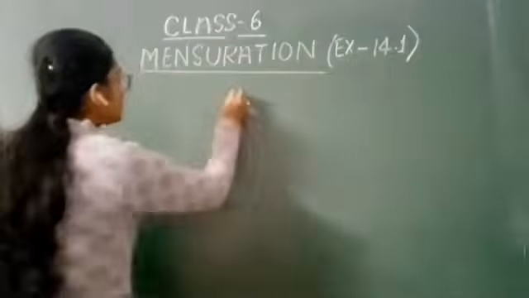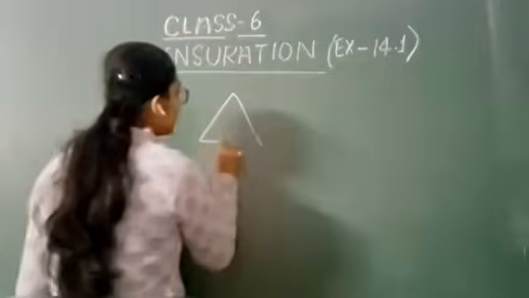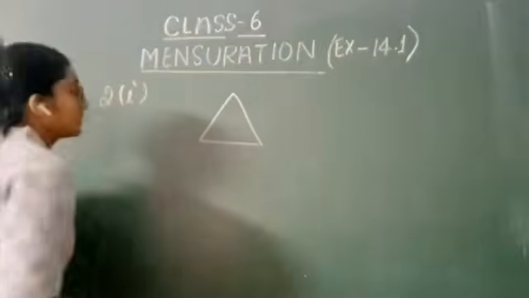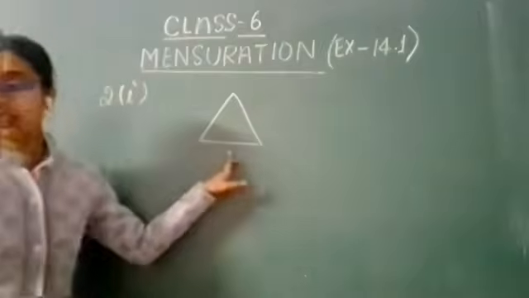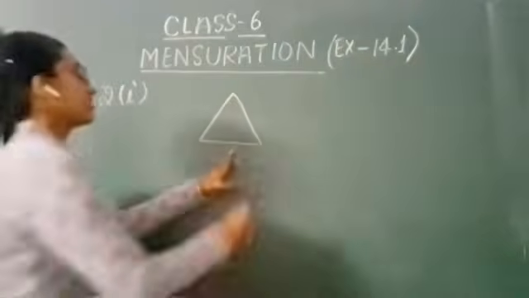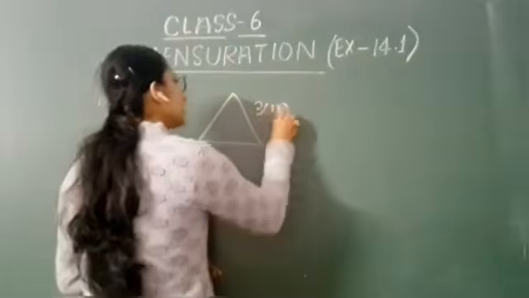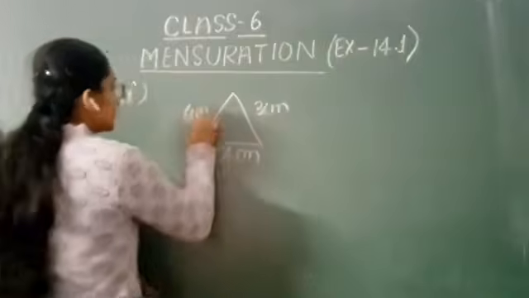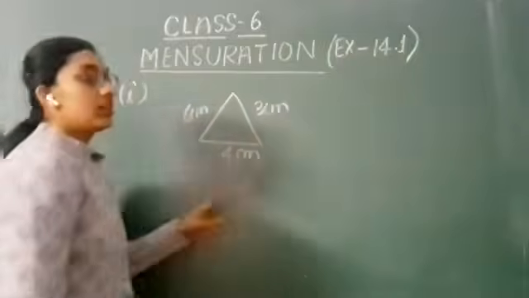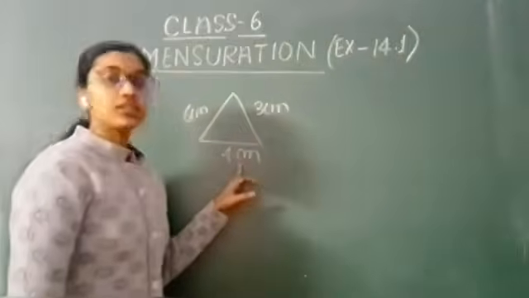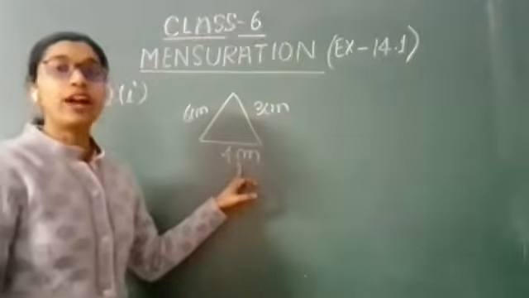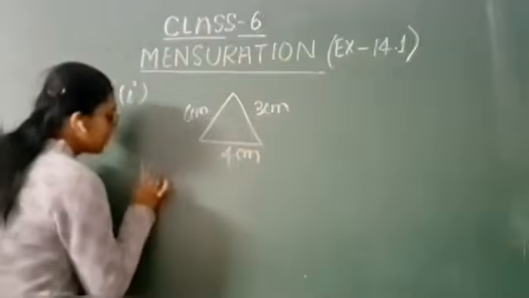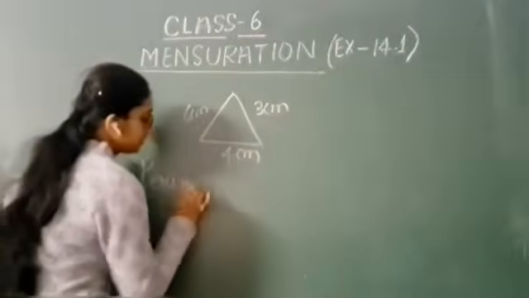So, in the first part of question number 2, a triangle has 3 sides: 3 cm, 4 cm and 6 cm. As we all know, when we have to find the perimeter, we have to add all the sides which are mentioned here. So, for this question, we have the perimeter.